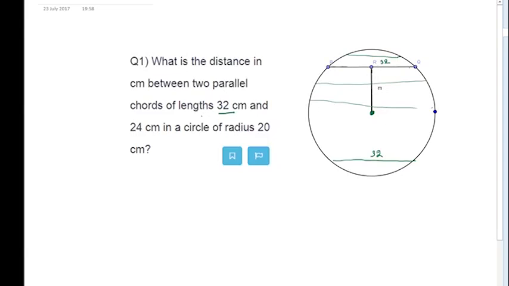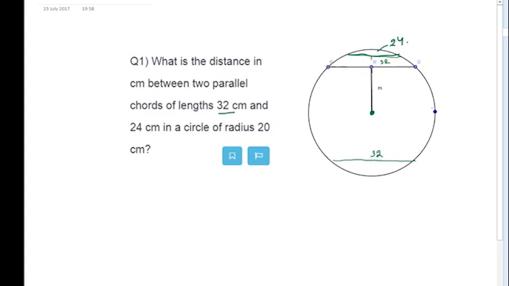So what it is saying is, what is the distance in centimeter between two parallel chords? There are two parallel chords, one of 32 length and the other of 24 length. So let's say this is of 24 length. And what is the distance between the two? So we'll use what we just studied. We know that if we join the midpoint of the chord to the center, it will make a 90 degree angle.